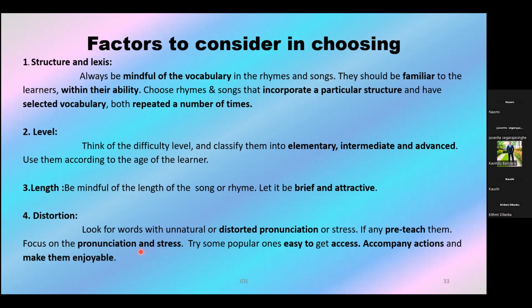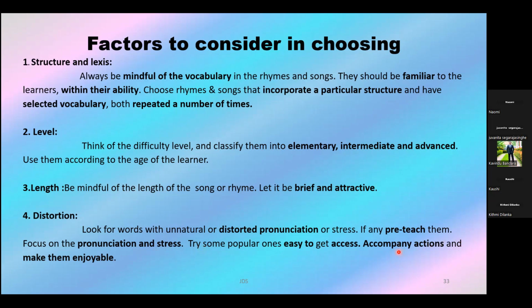Focus on the pronunciation and stress, and also the expression when it comes to songs, dramas, facial expression, or if they understand the content, automatically it will come. The facial expression will be there. And also the actions.